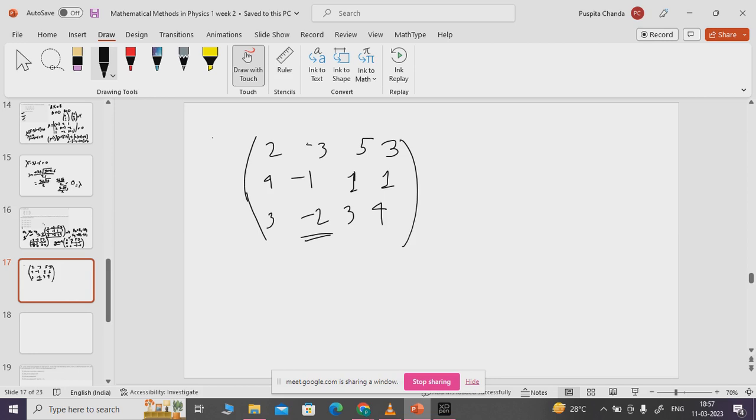So if we do not want to burden our head with another type of operation, take the transpose of this matrix and do row reduction, and then again transpose it, so you will get the column reduced matrix. Okay.